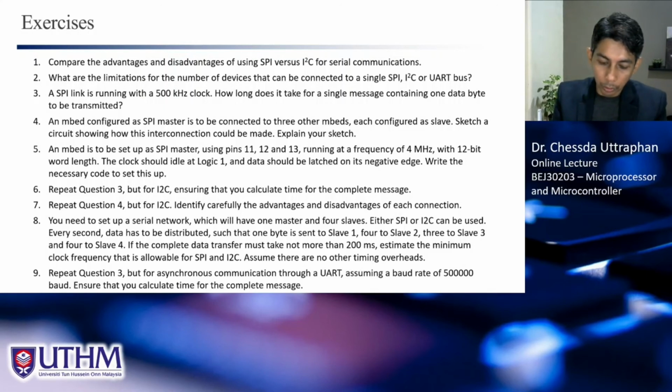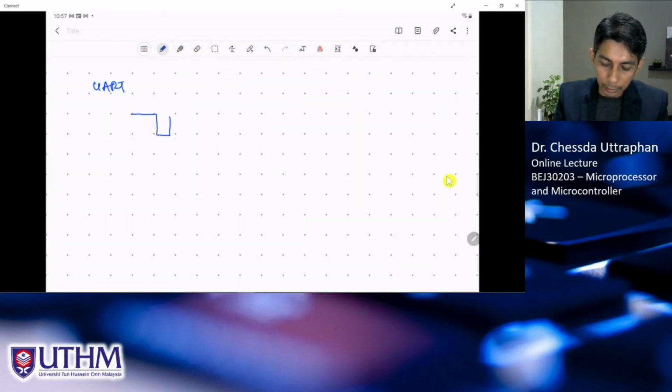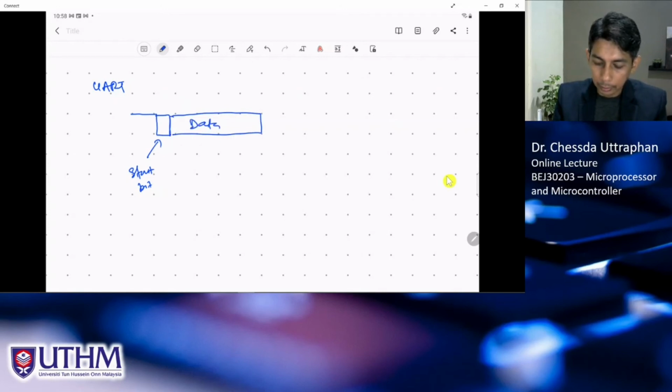So in this case, what we need to have is the start bit, which is 1 bit, and we have the 8-bit data. And for example, we don't want to use the parity, any error checking. So we have the stop bit here, and done.